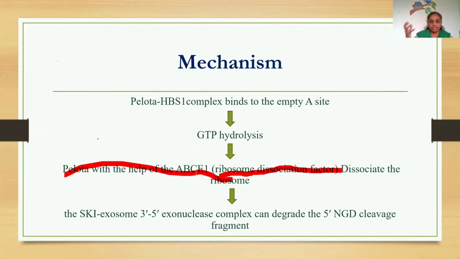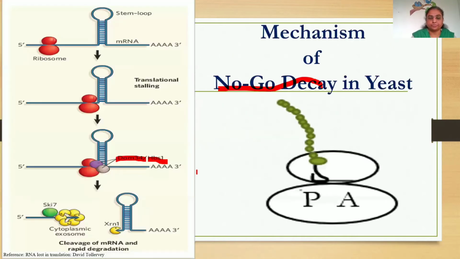When the ribosome is dissociated, the RNA is released. Before ABCE1 comes, according to the research paper, Pelota is an endoribonuclease and cleaves the RNA in between.